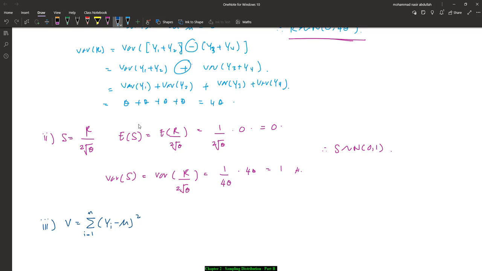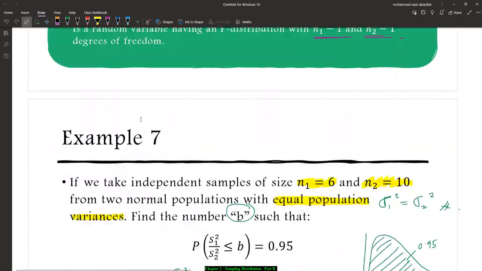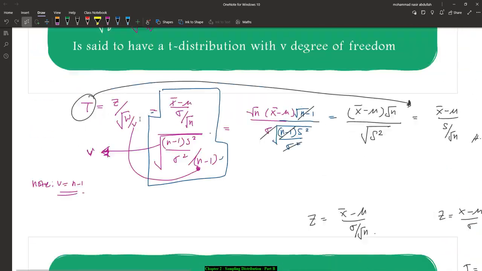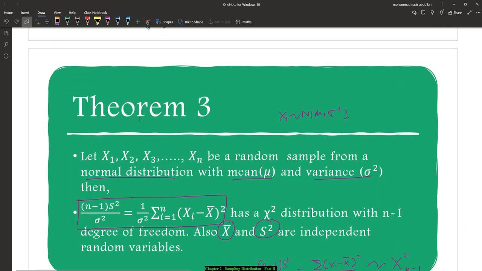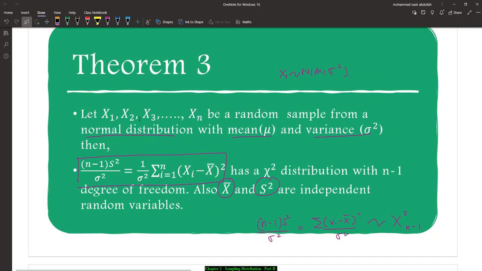So if we look here, let's say we compare it to theorem number 3, I think. Theorem number 3 or theorem number 2. Let's look at theorem number 3 first. Yeah, theorem number 3.